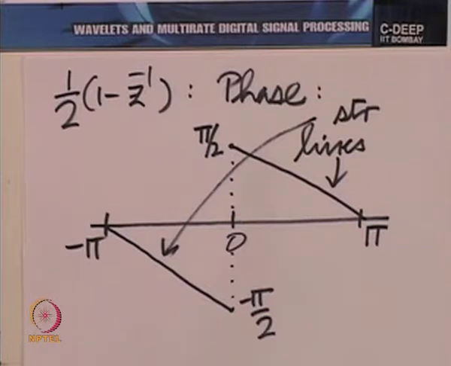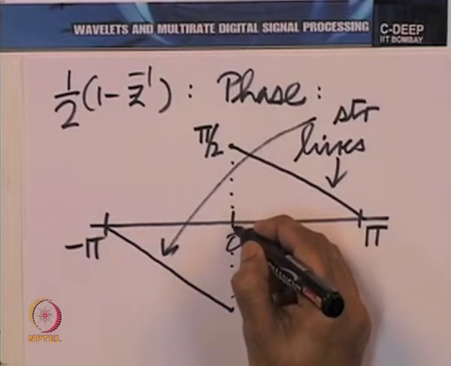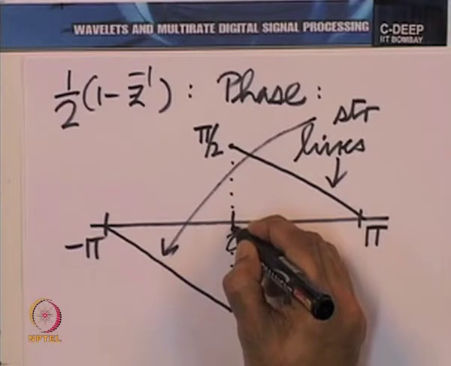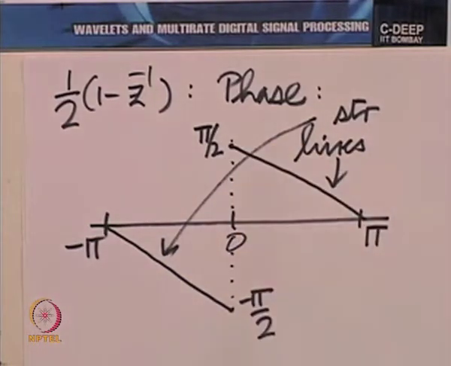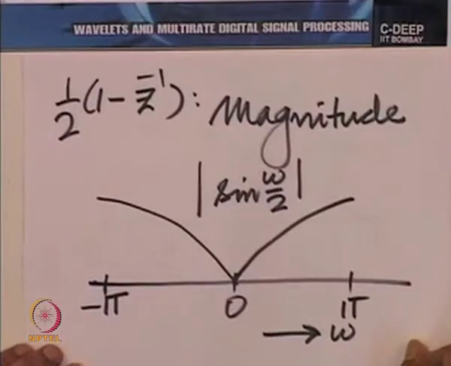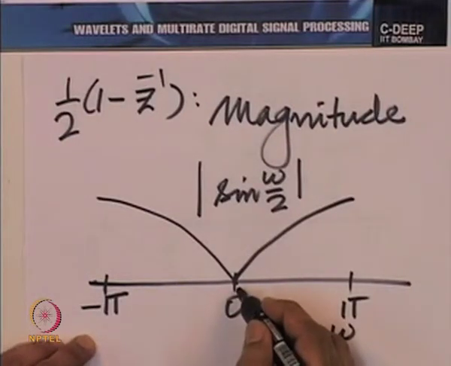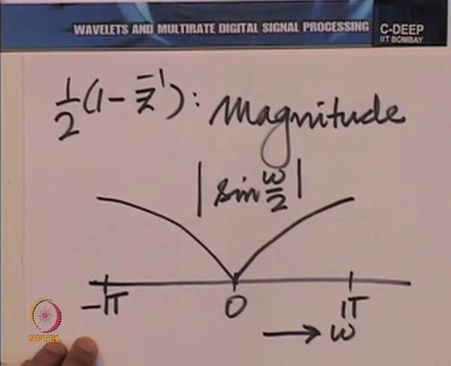Now, one point needs to be understood. There is a peculiar situation at the point omega equal to 0 here. The phase is both pi by 2 and minus pi by 2. How can this be possible? Well, the answer comes from the magnitude response. The magnitude response at that point omega equal to 0 is 0. When the magnitude response is 0 at a point, the phase response has no meaning.